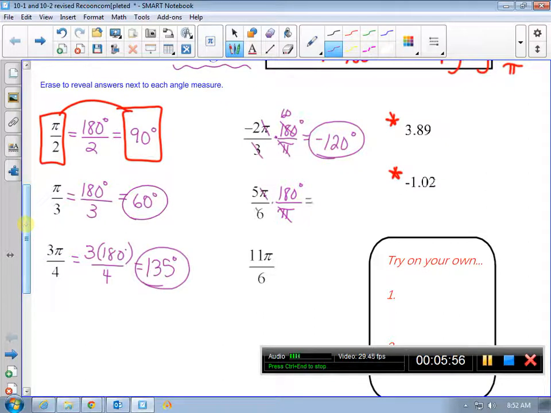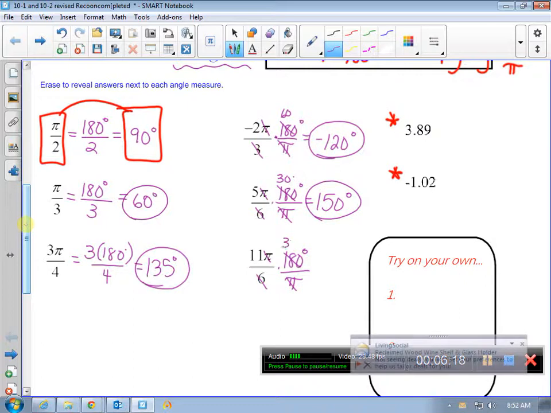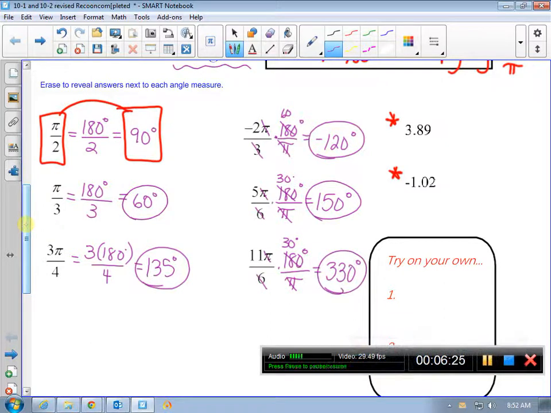Again, 6 goes into 180 30 times, so we have 150 degrees for that one. And the last example with pi in it, you could do these on your calculator as well, but try and see how nice they are to just reduce by hand. 330 degrees there.